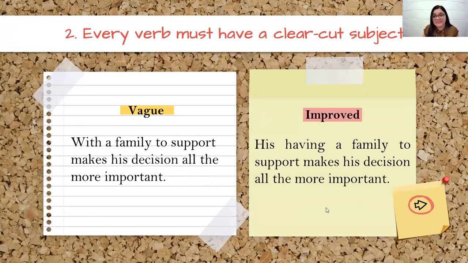Probably not. So an improved version of this one might suggest the possessive plus a noun. Having here a possessive gerund, saying his family, or sorry, his having a family to support makes his decision all the more important. So here we see a gerund phrase that states the subject of the sentence.